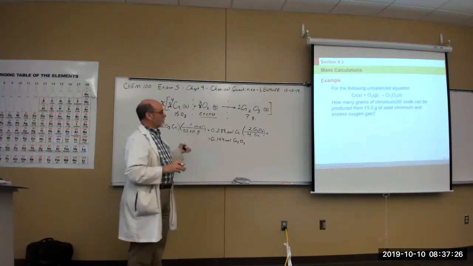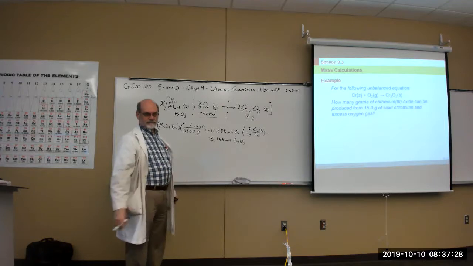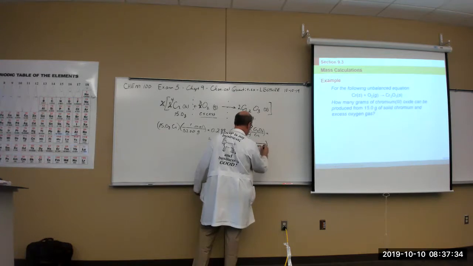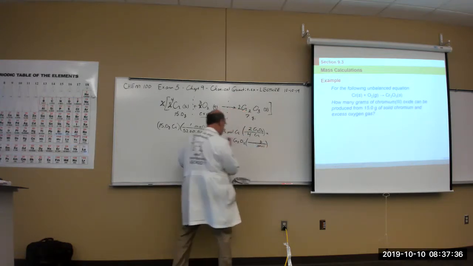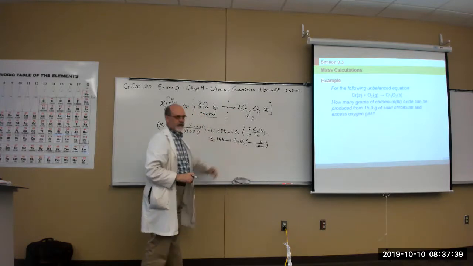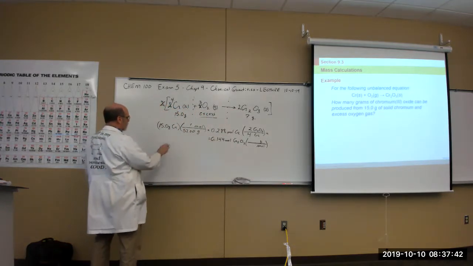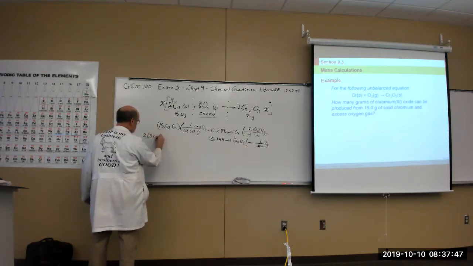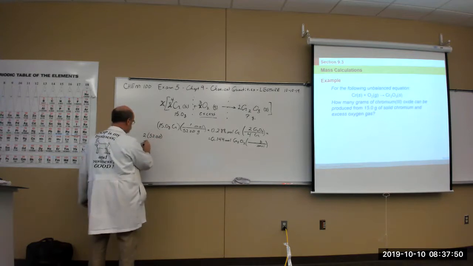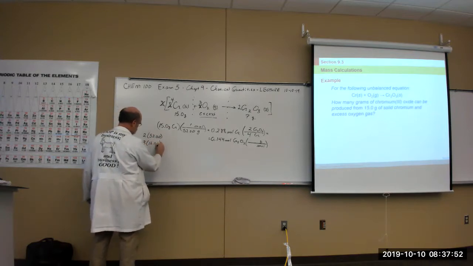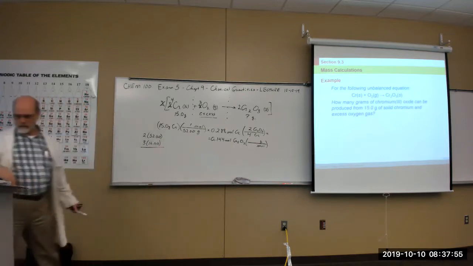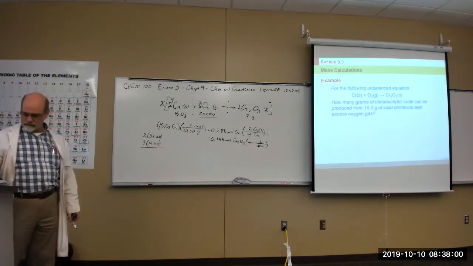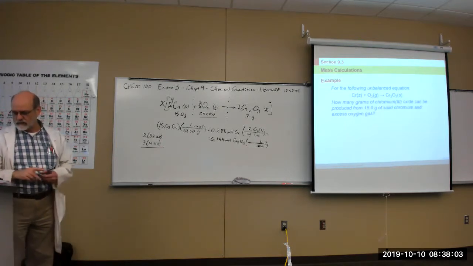Now that you've got moles, convert back to grams. So we need moles on the bottom, grams on the top, and you need the molar mass of chromium 3 oxide. So 1 chromium is 52, so 2 chromiums would be that, and then 3 oxygens, which are 16 each. So we have 52 times 2, and then 3 times 16 is 48, is 152.